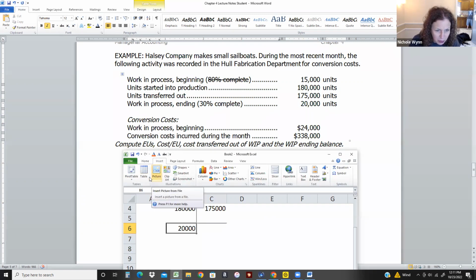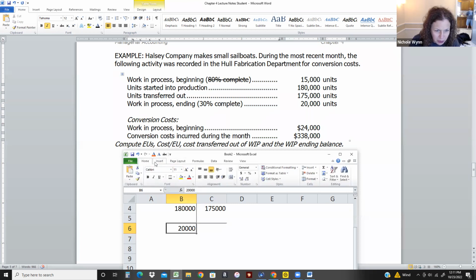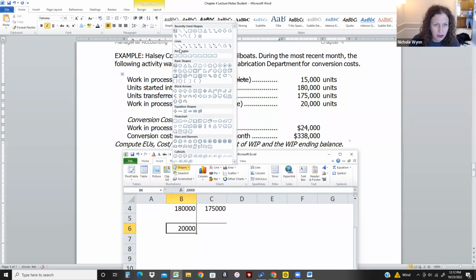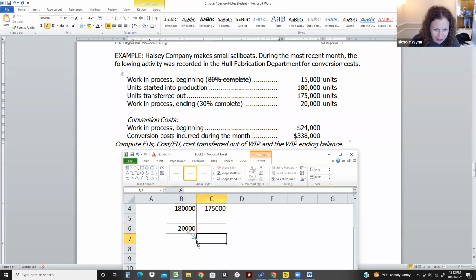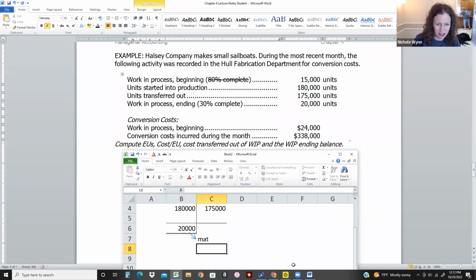So I'm going to insert a shape. Oops. And this needs to be an arrow, and it needs to come off of here. And then for material, I think I want it to just go over there. So I think I'm going to take my arrow and make it go like that. There we go. Okay.